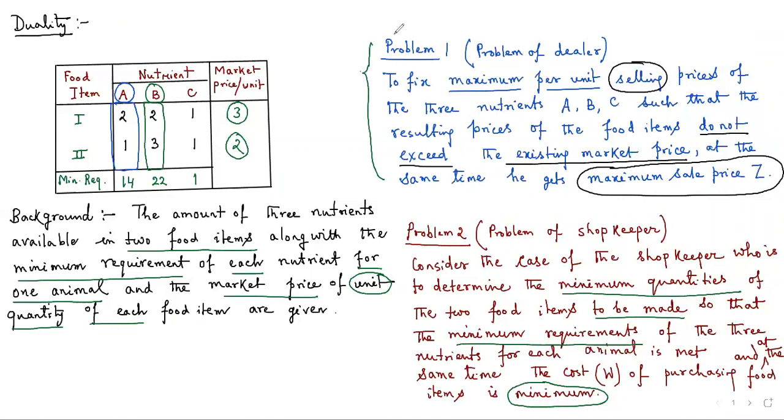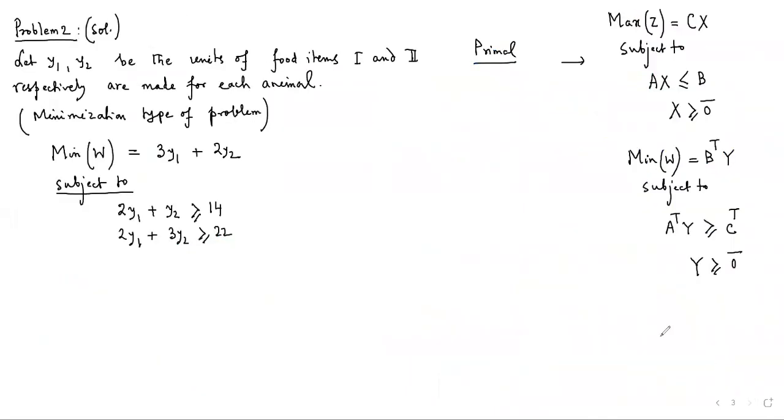And for the last one, we consider this particular column, so that would be y1 plus y2 greater than or equal to 1. And obviously, y1, y2 are greater than or equal to 0. So this is the formulated mathematical model for problem 2.